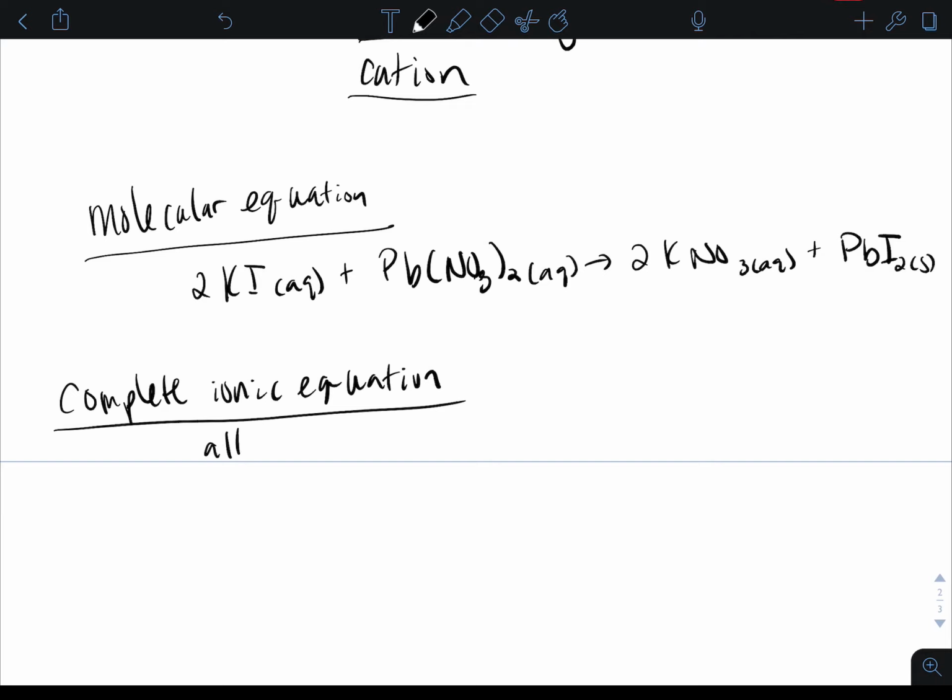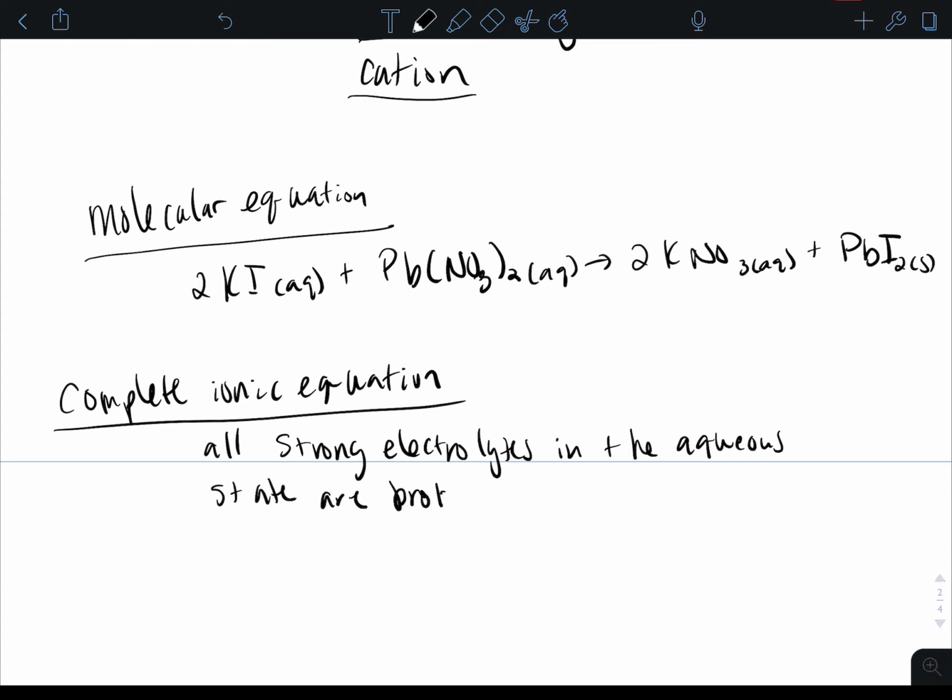So all strong electrolytes in the aqueous state are broken down into ions.